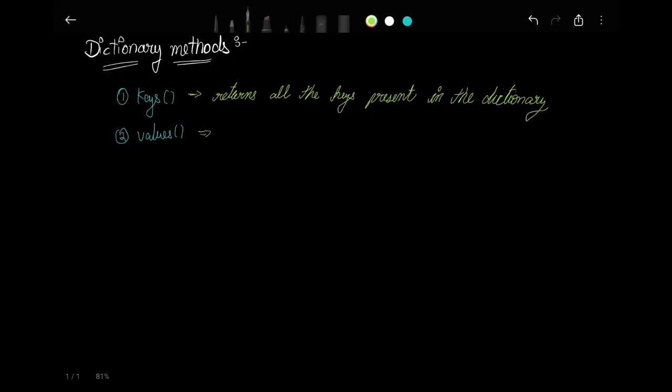The values method returns all the values stored in the dictionary. After values, we have the items method.